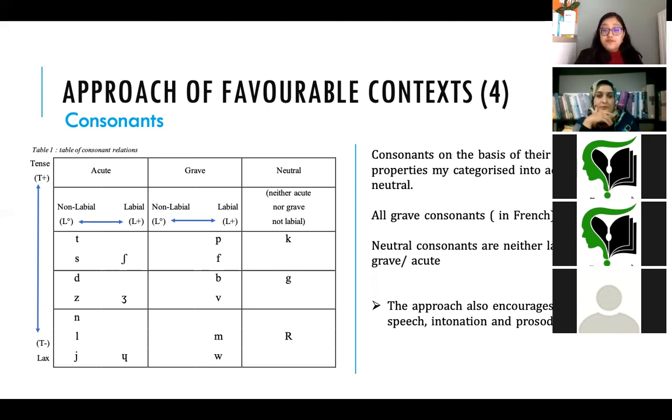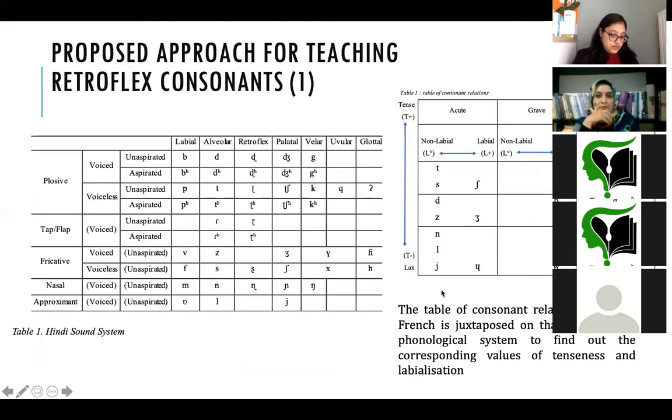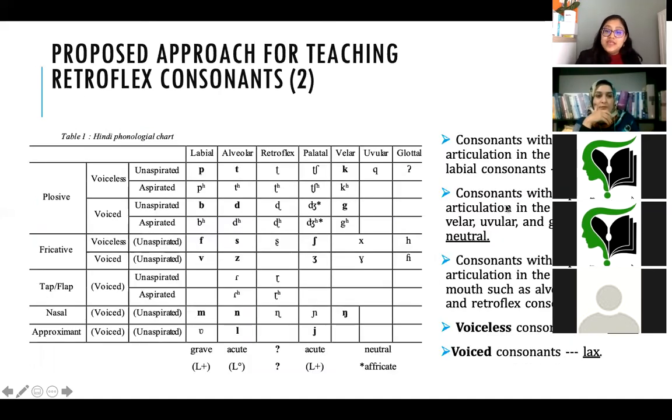Some of the findings here were these: consonants with a place of articulation in the front, such as labial consonants, even p and b, are considered grave.